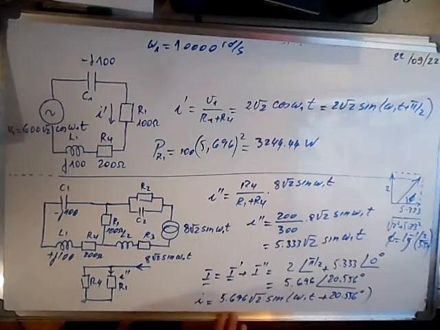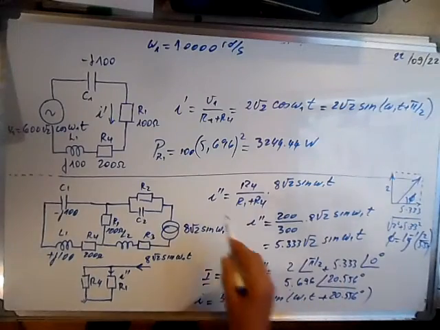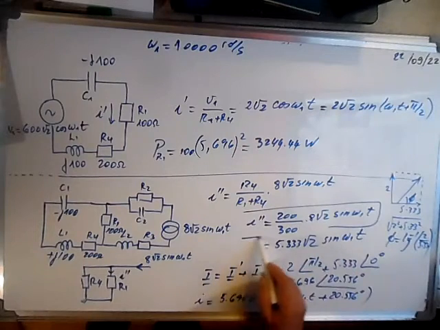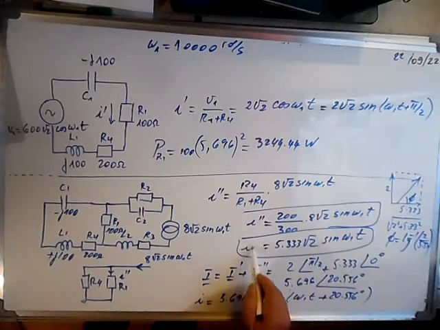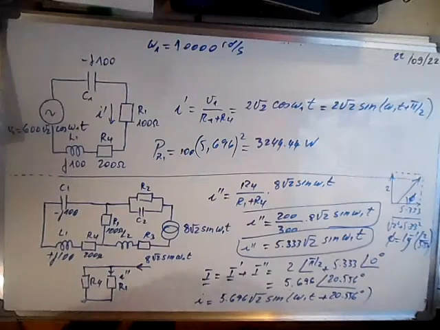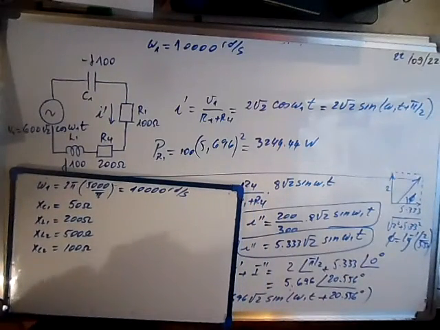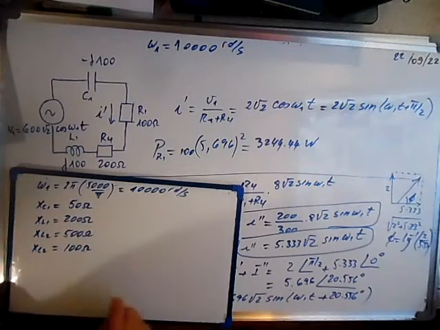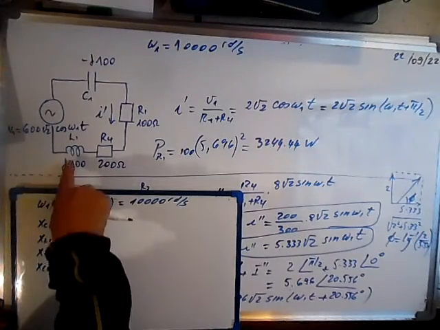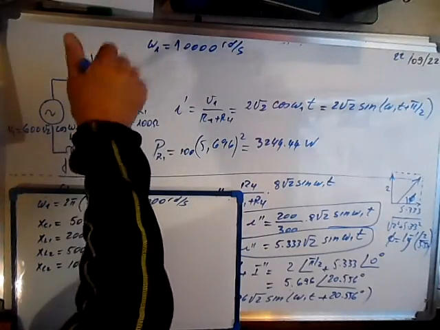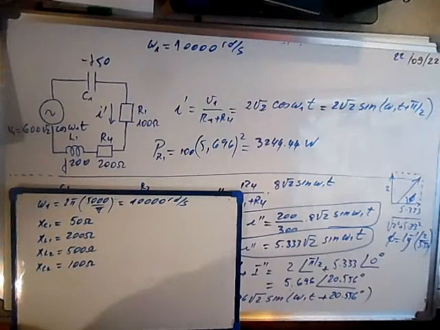This part, which we calculated here, won't change because its frequency hasn't changed, but here the frequency has changed. So we have to calculate these reactances again. Here we have 200, twice, and here we have half of it. But the resistances stay the same.